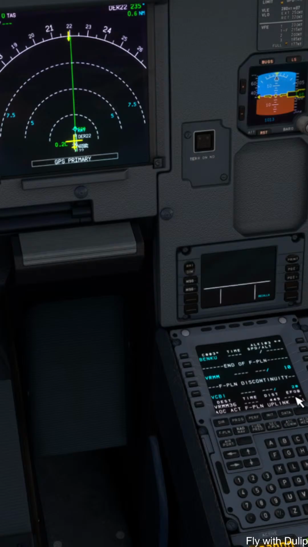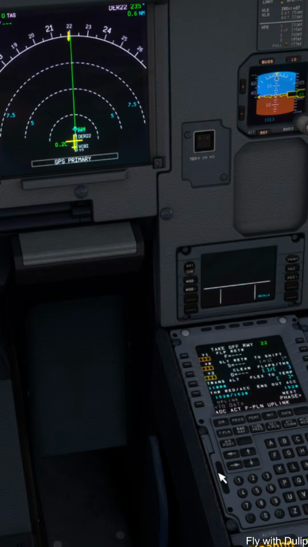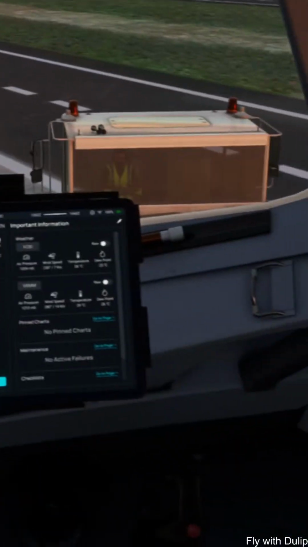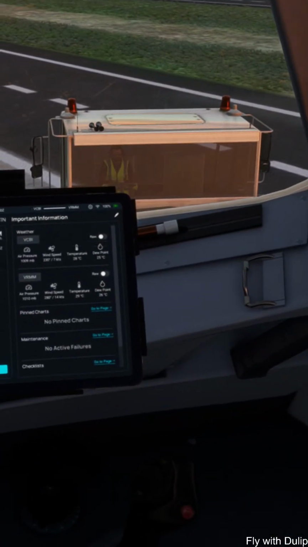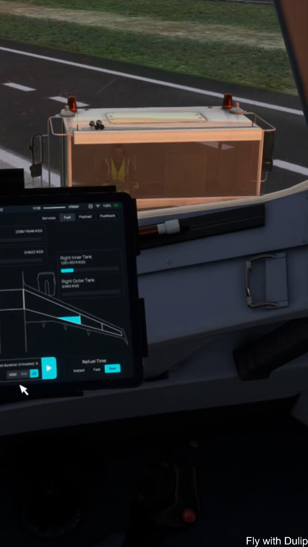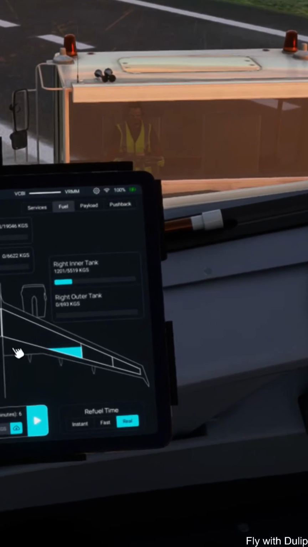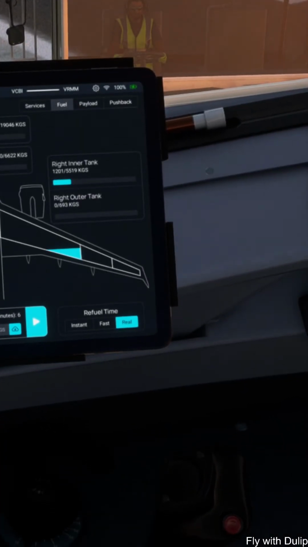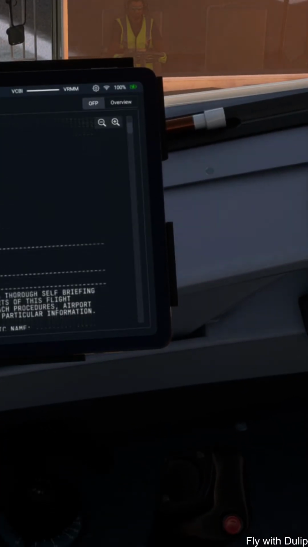Then let's look at the fuel. Let's make sure fuel is loaded to the aircraft before anything happens. Right now it is suggesting us 6,500. Let's look into our plan, and let's look at how much fuel is required.